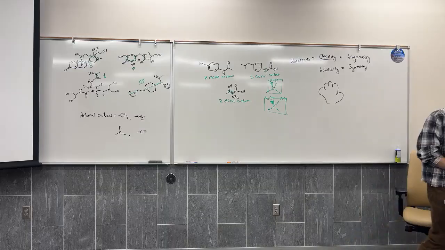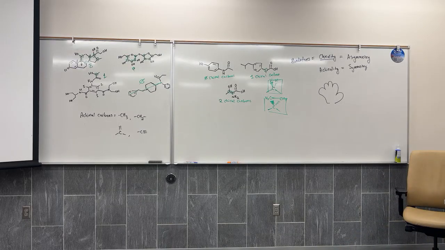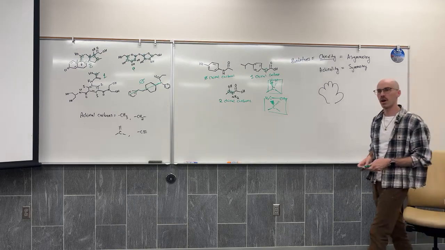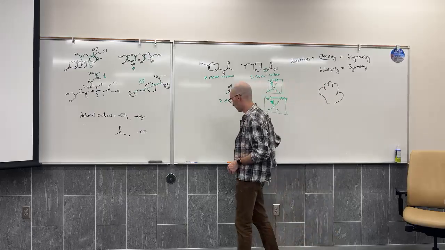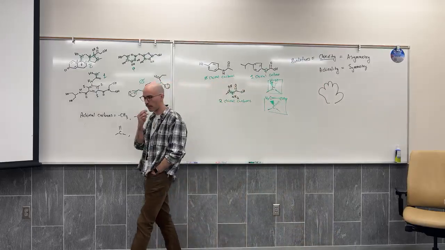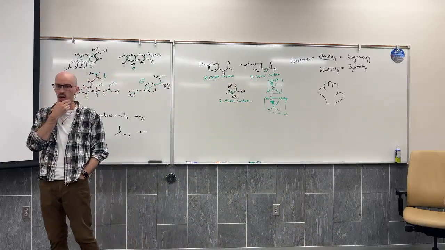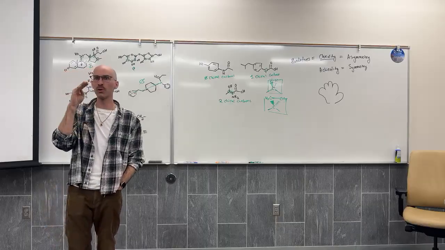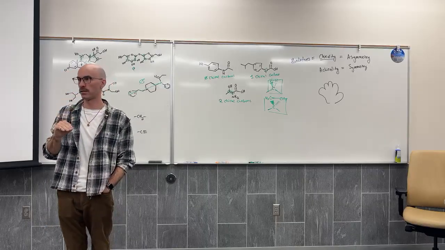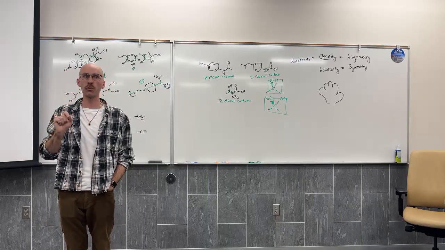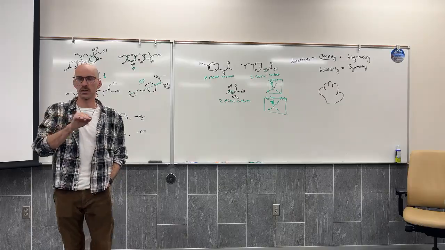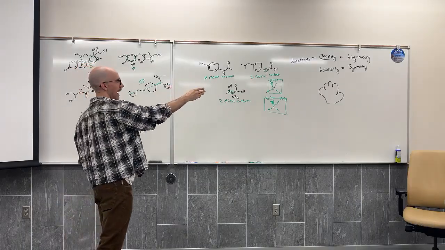Now, back to this idea of the hand. If a chiral carbon can be arranged differently in space, then how do we know what arrangement we have? I want you to try and brainstorm a set of rules that you could give someone to foolproof always tell them which hand is there.